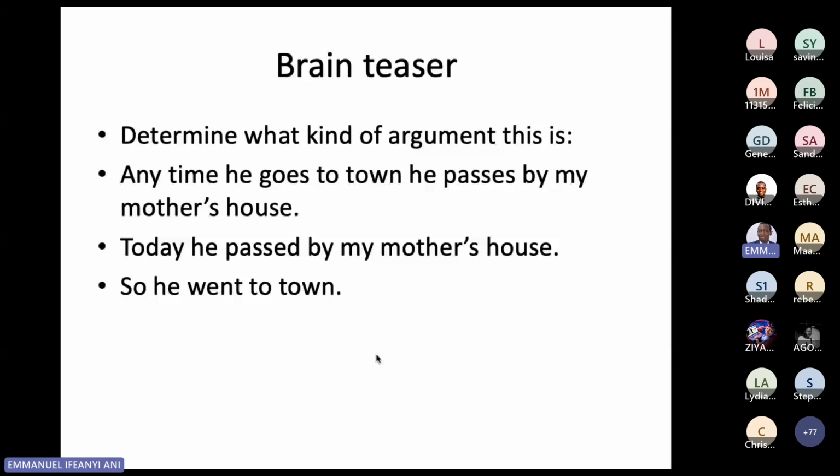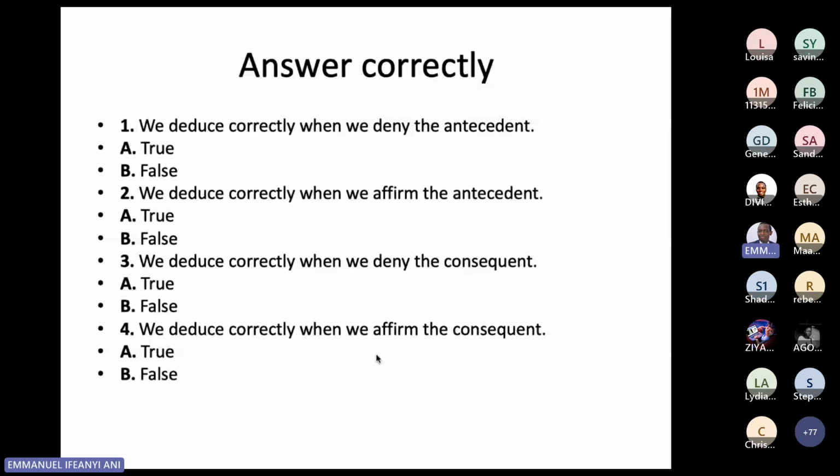Number 1: we deduce correctly when we deny the antecedent. True or false?